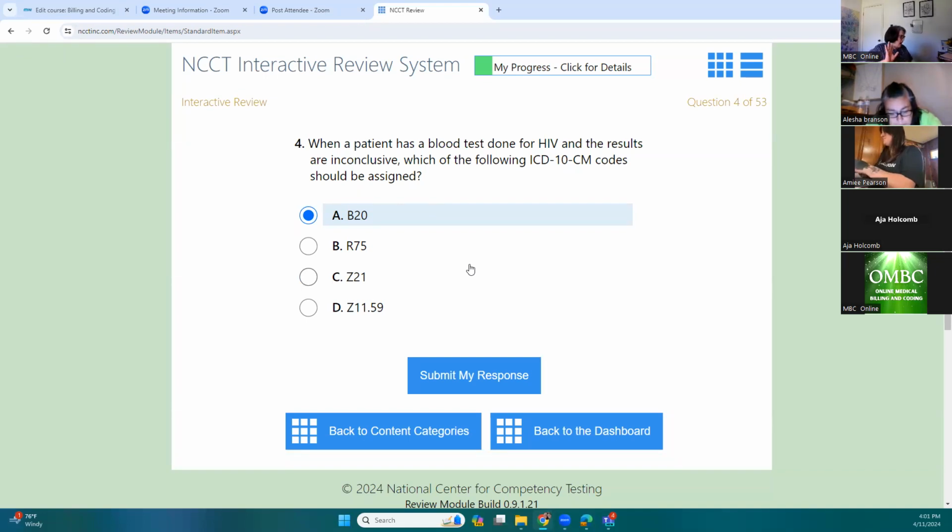B20, I'm going to read that one for you because I have it right here. It says human immunodeficiency virus disease. But we're looking for something that has this very important word in it, inconclusive. So let's move to the next one, which is R75.